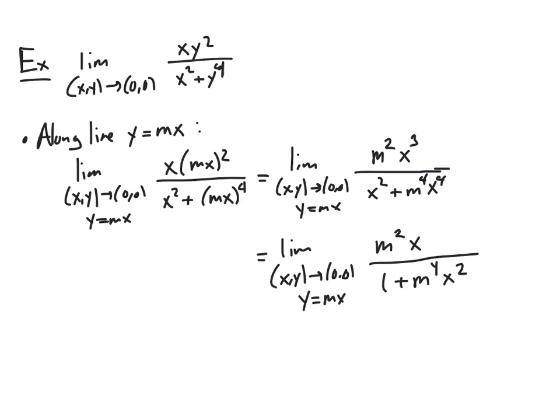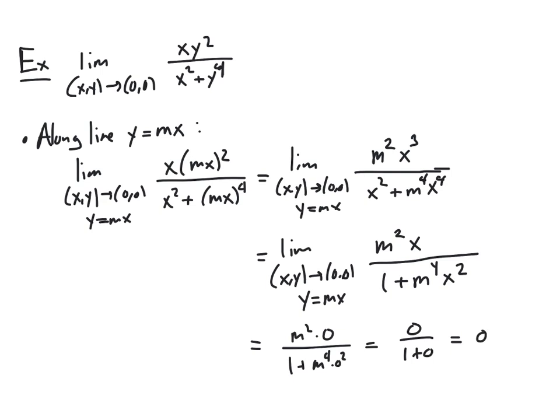Now notice we've removed the issue of this function being undefined at the origin, so we can just substitute in x equal to 0. If x is 0, so is y, but we don't have a y, so we just let x be 0. So this is m squared times 0 over 1 plus m to the 4th times 0 squared, which is 0 over 1 plus 0, which is equal to 0.